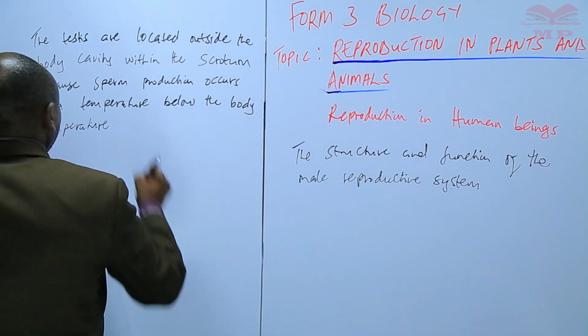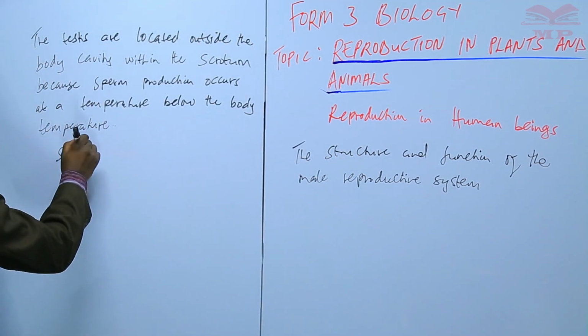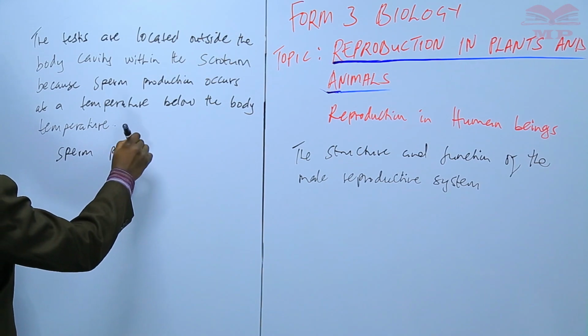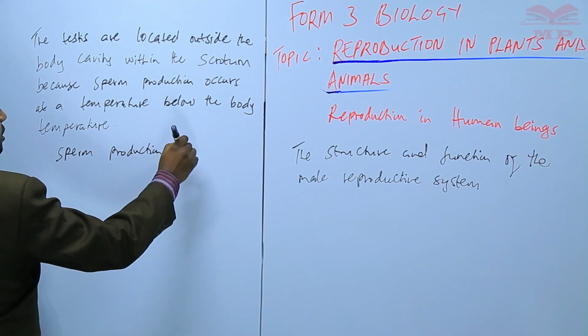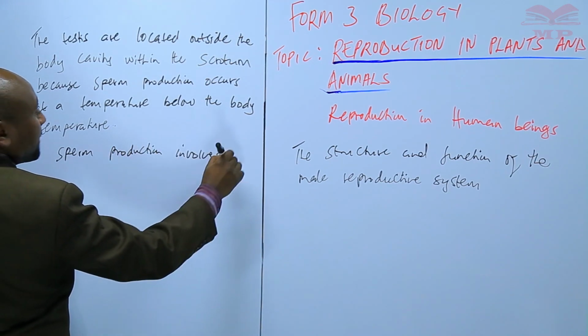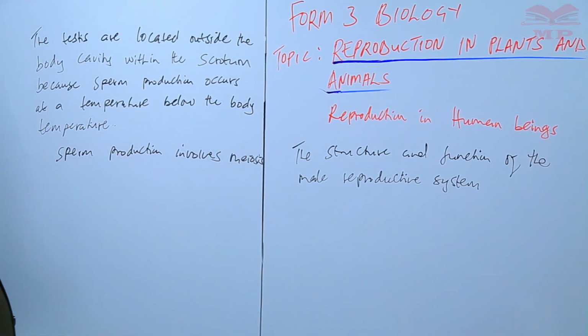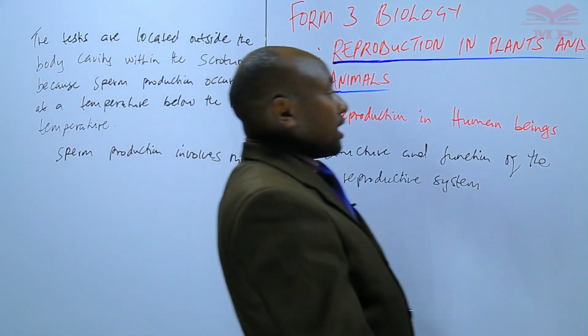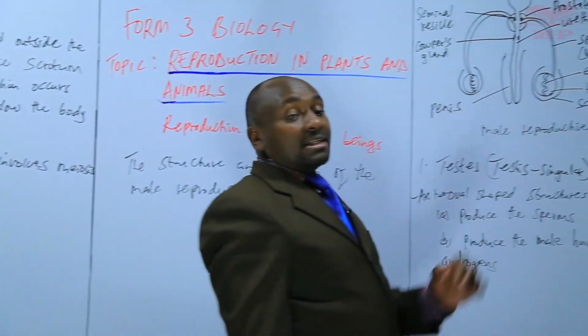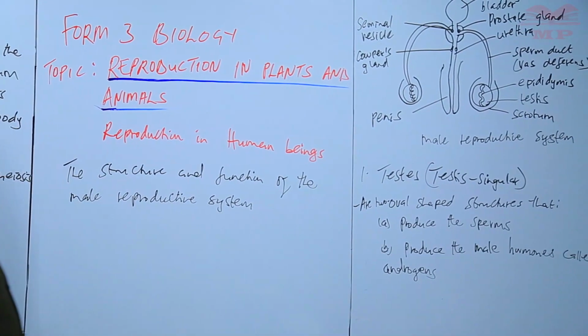Then, it's also good to note that sperm production involves meiosis. Meiosis is a type of cell division that occurs within the testes that leads to the formation of sperms.